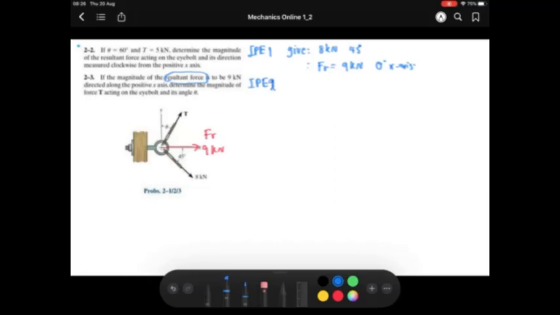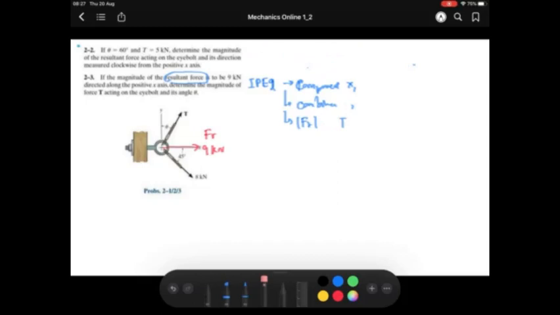We go on to find the components in terms of x and y, and then combine them together. But instead of finding FR, we will find T. And then let's go to IPE number 3. Let's do it.